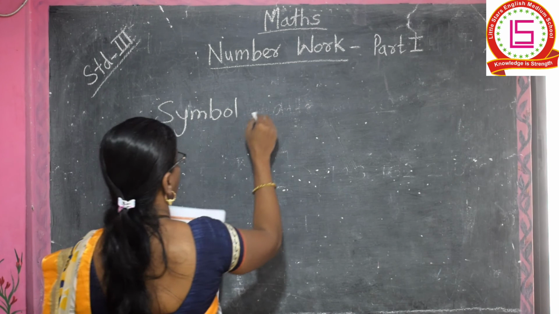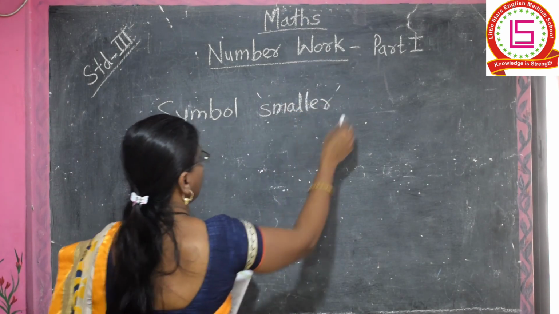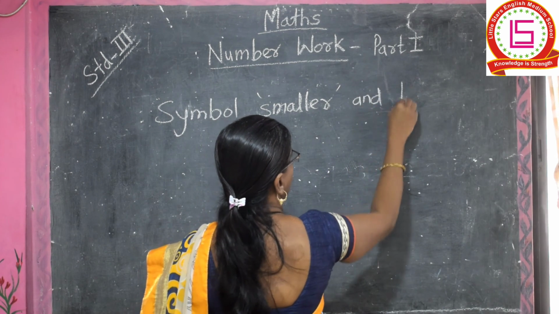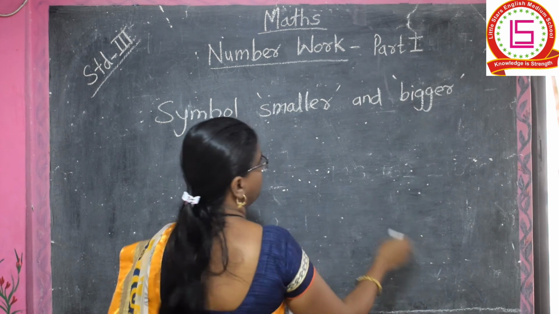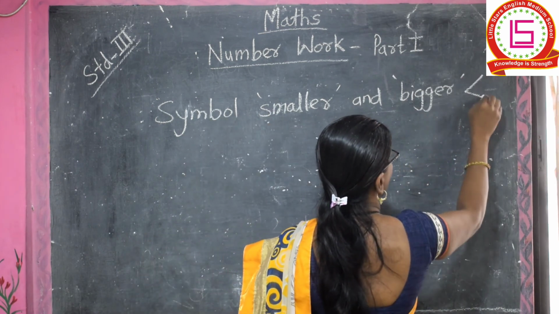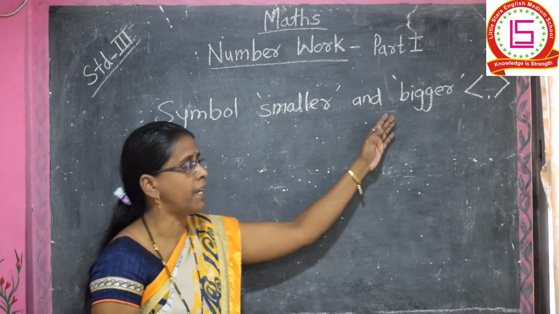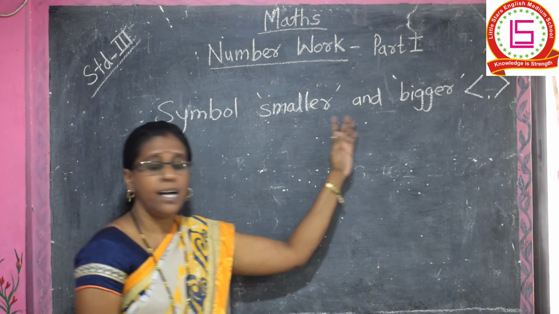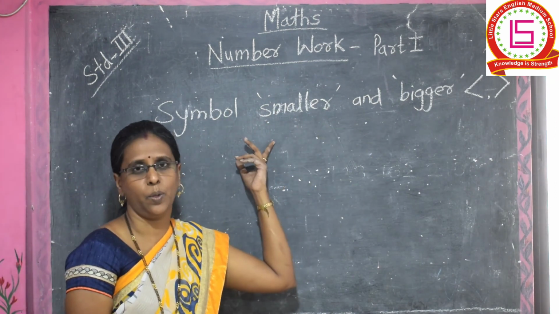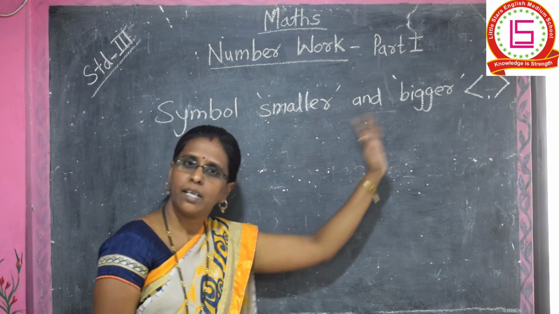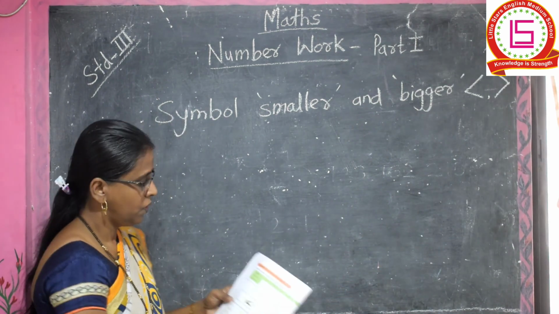Less than and greater than sign. You know the less than and greater than sign. Last year we solved many examples using this symbol. Okay, less than sign and greater than sign. Then like this you also solve here.